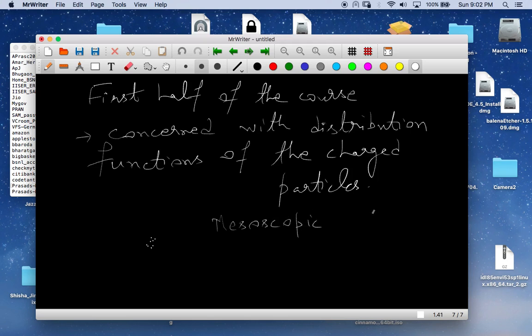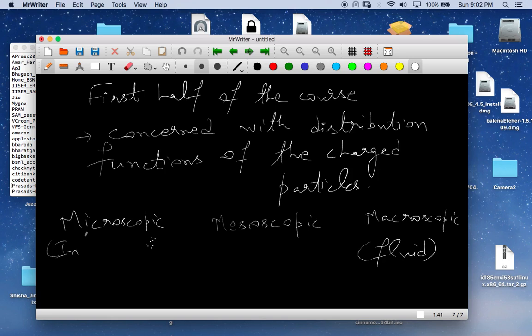It's in between macroscopic, which would be the fluid description, and the microscopic, which is the individual particle description.